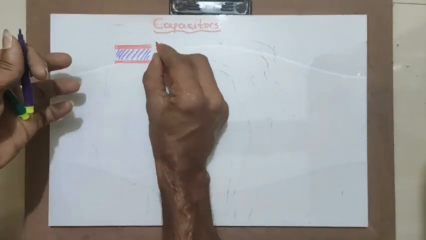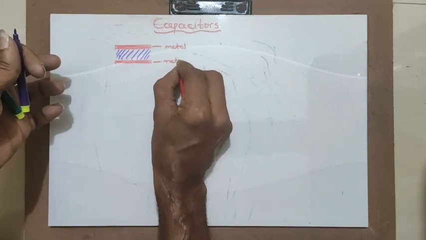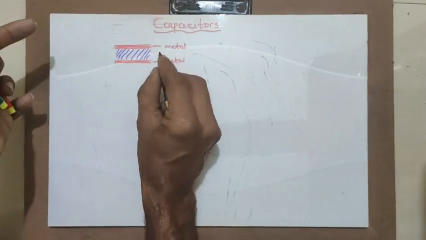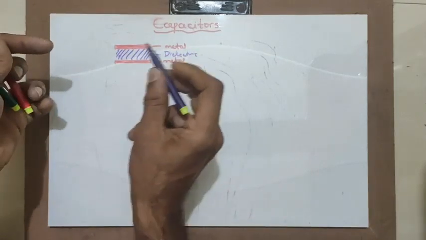Now what is this? This is metal, or we call it metal plates, and this is the dielectric. This is how the capacitor structure is.